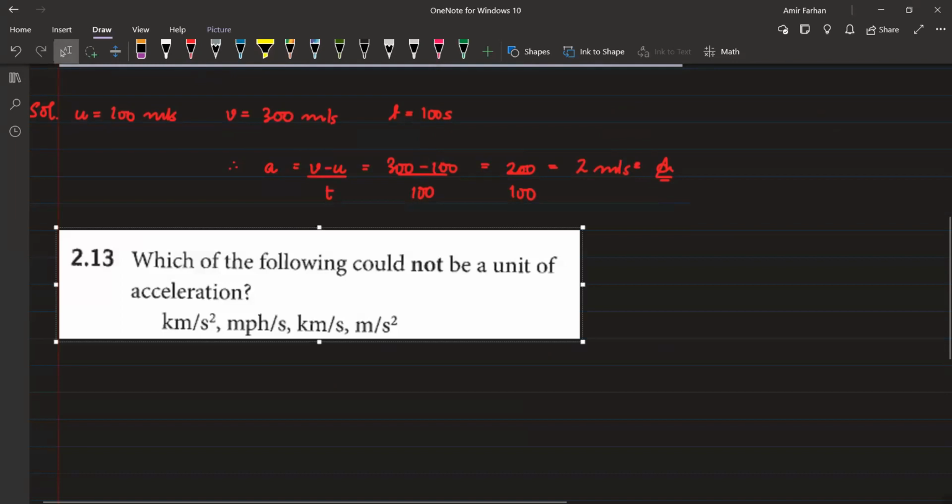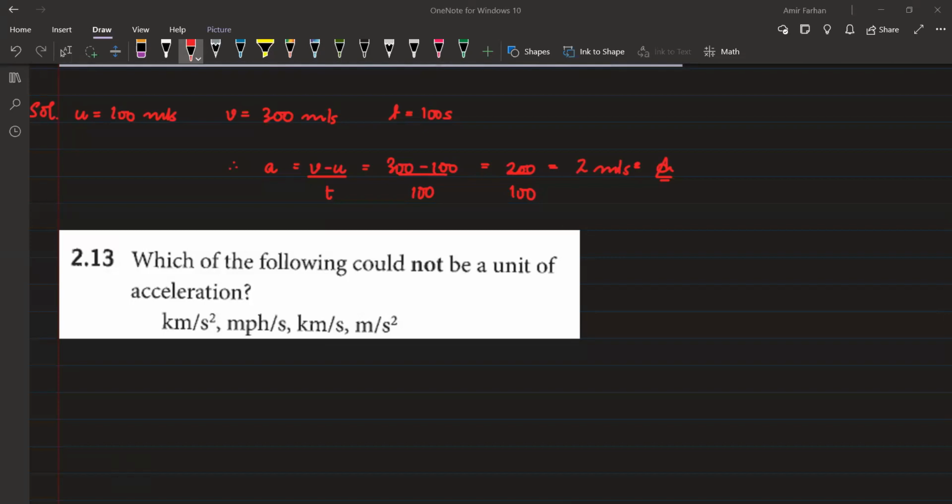Which of the following is the SI unit of acceleration? Which of the following cannot be a unit of acceleration?